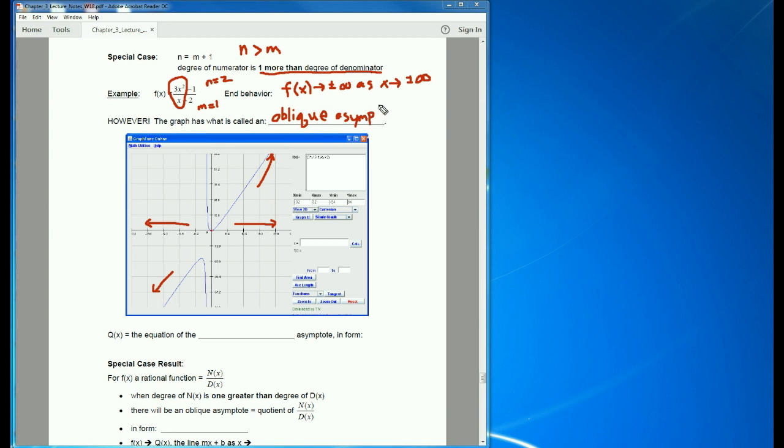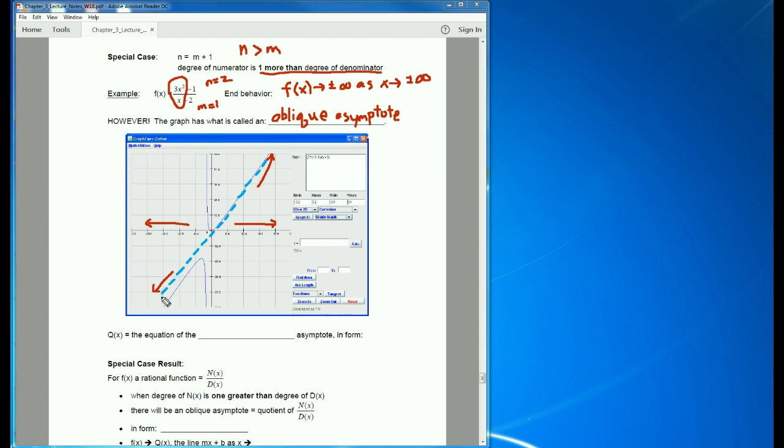Remember how to spell that. And I'll try to sketch it in. It won't be great. I'll pull Desmos over in a second and replot this for you so you can see it. The oblique asymptote, this is terrible, wait until I pull Desmos over, is a line.